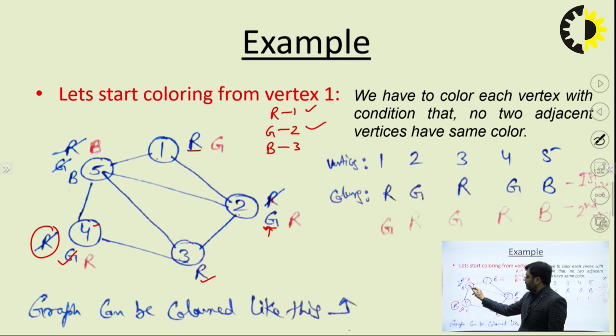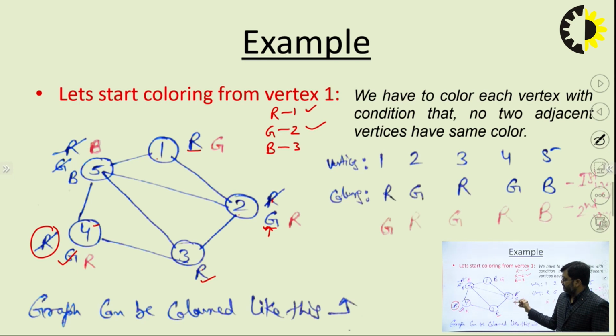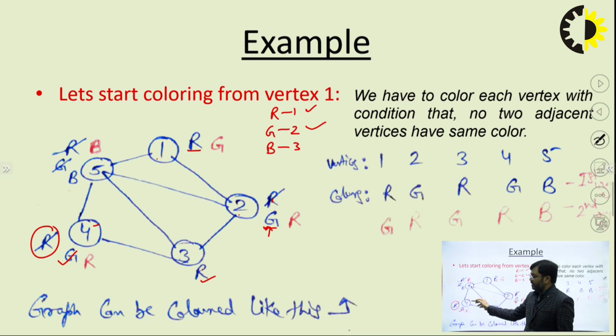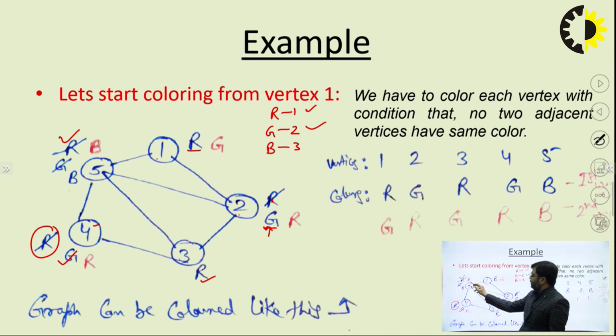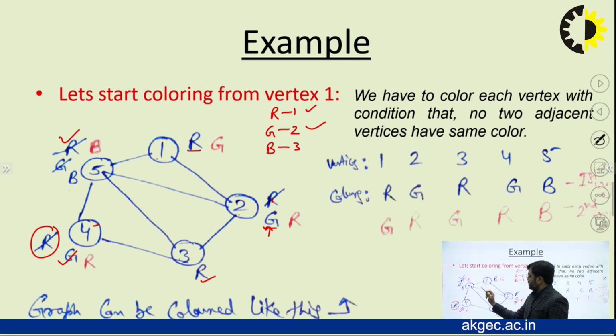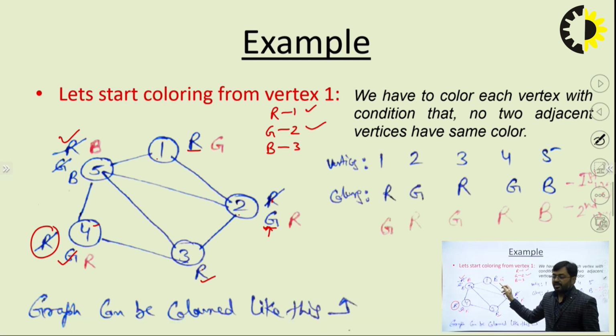Now come to vertex 5, the last vertex of this graph, which has 2 adjacent vertices, vertex 1 and vertex 4. Then we try to give the red color to vertex 5. If we give the red color to vertex 5, its adjacent vertex number 1 also has the red color.